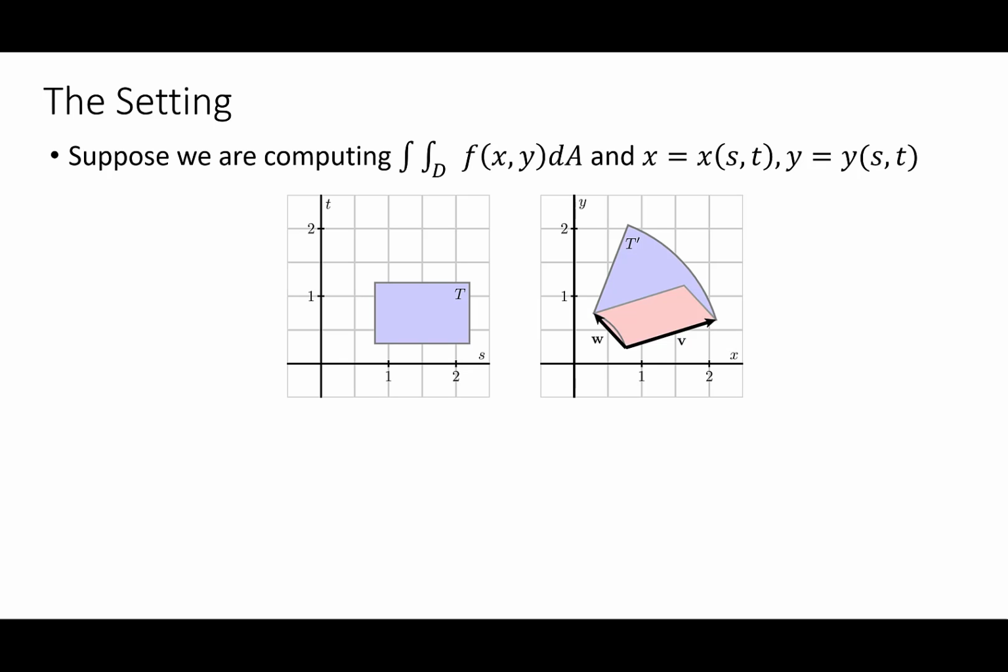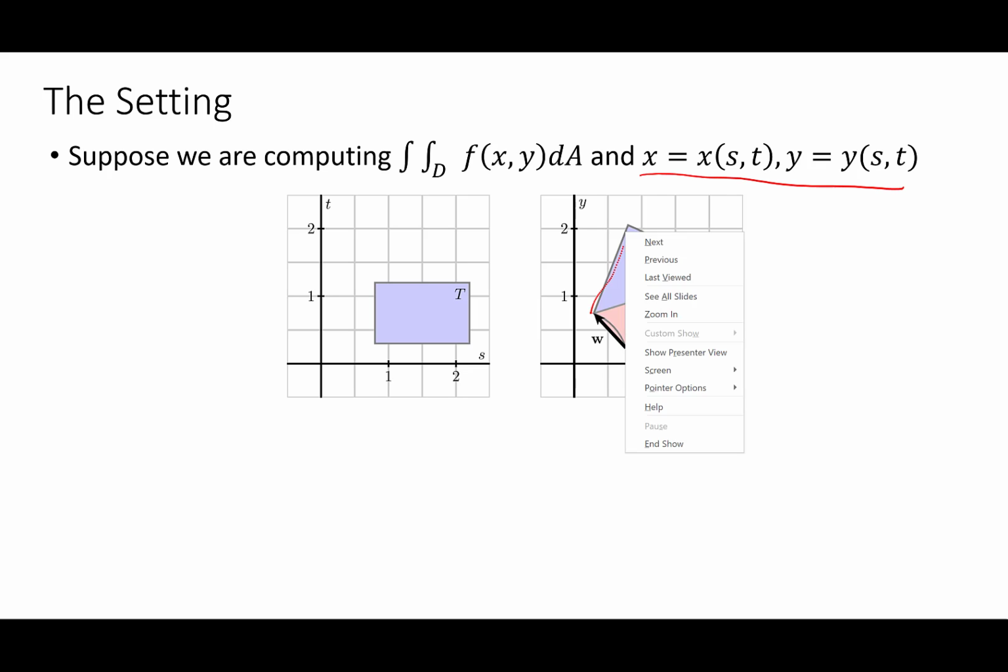So again, suppose that we're taking a rectangle and changing it into some other thing, and suppose that this transformation leads to this shape here, that's not necessarily rectangular.